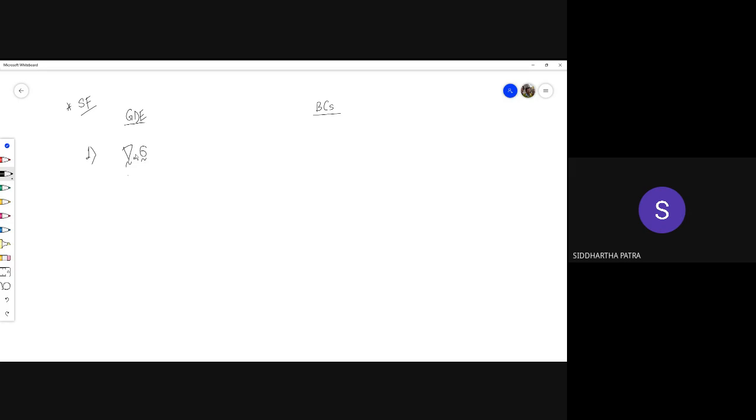It's a divergence of a matrix, which is a second order tensor. So what do we get? We get a vector, and this is our linear momentum balance.